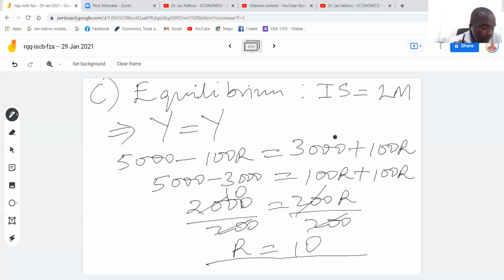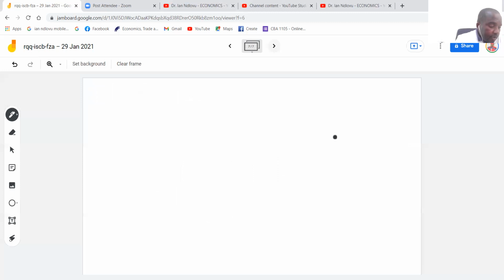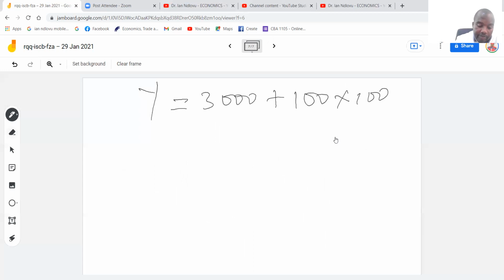And then straight away we can calculate our equilibrium level of national income. We can substitute into either the IS function or the LM function. I will substitute in the LM function. Y is equal to 3,000 plus 100 multiplied by 10.